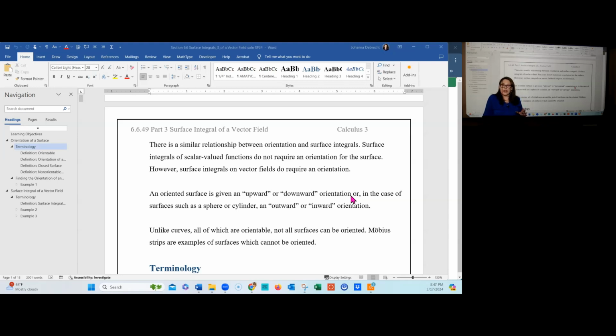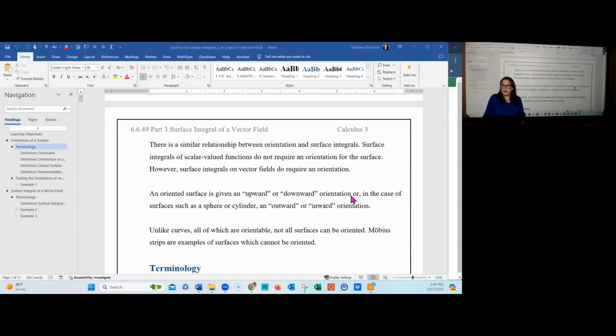Unlike what we saw, however, in a vector line integral, where we could compute the vector line integral for any curve, not all surfaces can be oriented. There is an example of a surface which cannot be oriented, which is known as a Mobius strip, and we'll take a look at these in more detail later on.